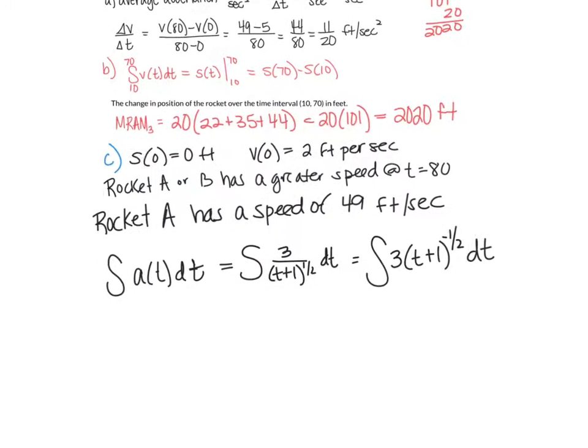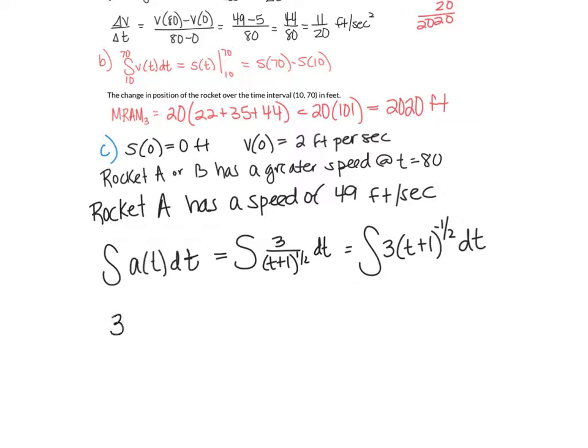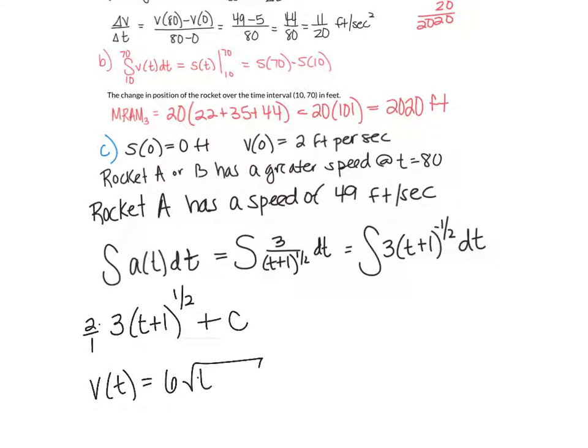So we have to take the antiderivative. Remember, 3 is a constant, so I'll keep that. Keep my quantity and add 1 to it, which would be positive 1/2. But then remember, we have to multiply by 2/1, the reciprocal. And then we put plus c. This gives us an equation for the velocity. So our velocity for rocket B is 6 square roots of t plus 1 plus c.